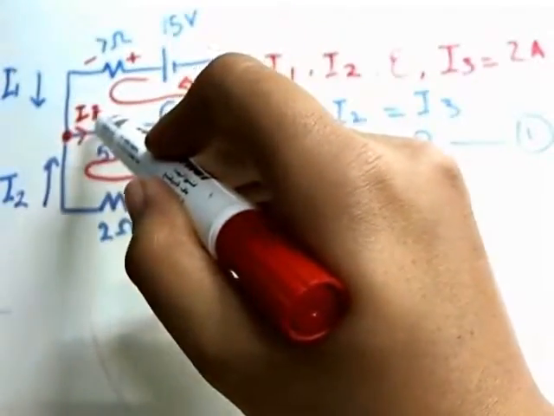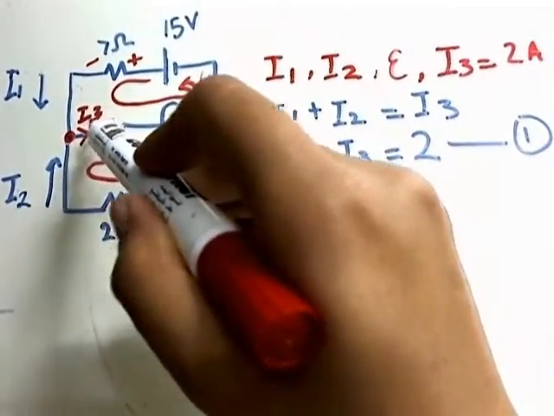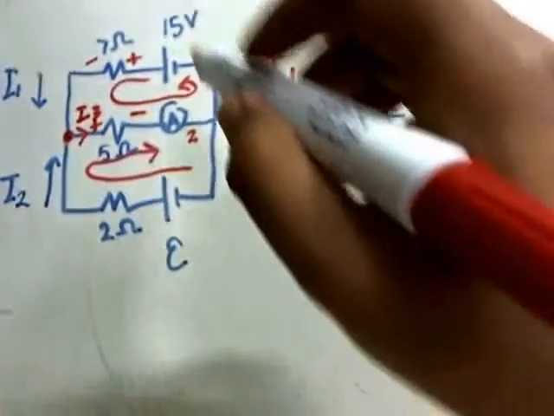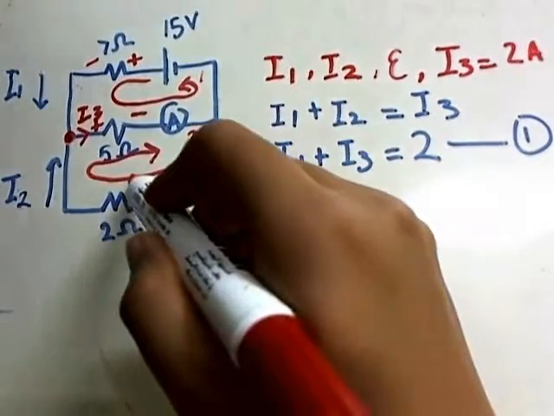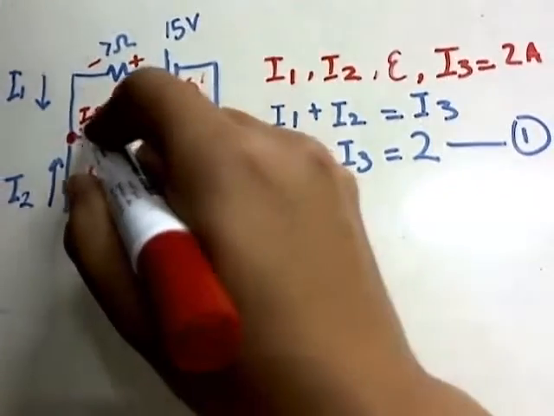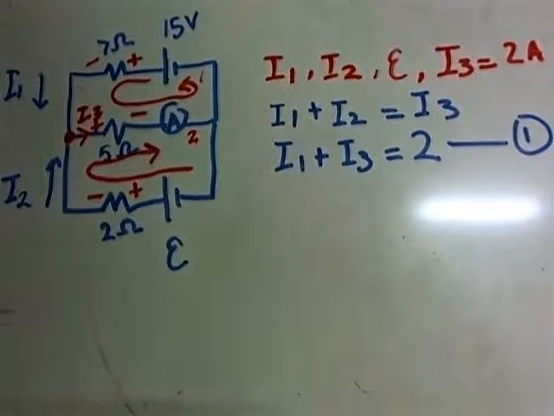The current is entering from this terminal, so that would be positive, and it's leaving here, so it's negative. Same thing down here: my current is entering from this terminal and leaving here. And current is entering and leaving here. And you're done with that.